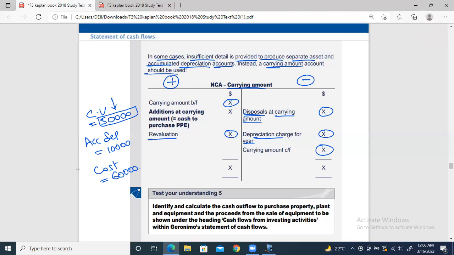And additions at carrying amount is the balancing figure that we get over here. Additions mean the assets that we purchased. So this was the explanation for the carrying amount account. You have to practice this.